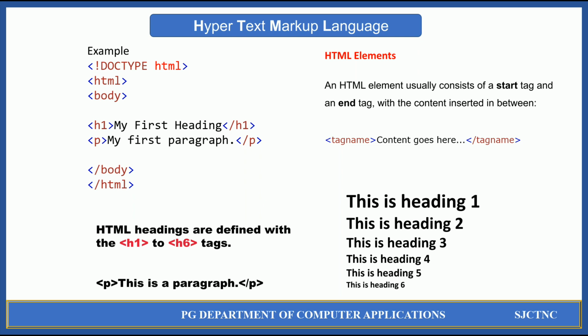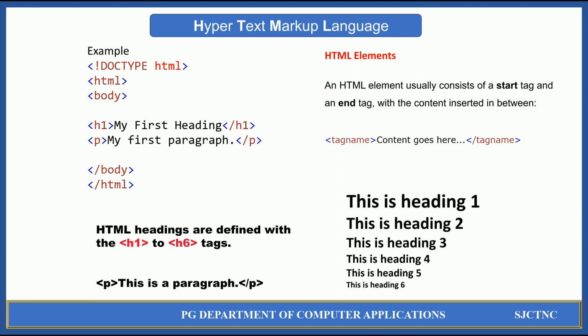First we look at what the h1 tag, the heading tag, is. HTML headings are defined with h1 to h6 tags. Here we can see that the h1 tag will display in a bigger size. This is heading 1, the h1 tag.